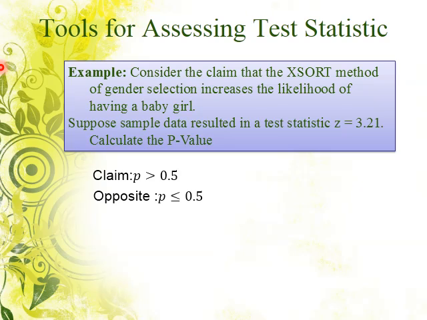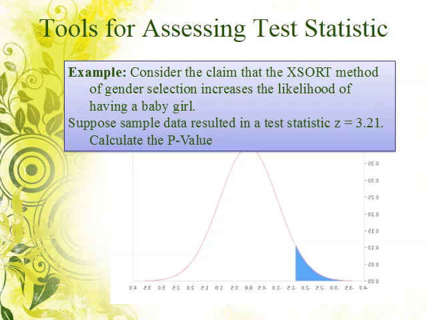Our null hypothesis is going to come from p is less than or equal to 0.5, because that is the one that has the equals in it. So our alternative hypothesis will come from the other statement, in this case the claim p is greater than 0.5. So now that we know what the alternative hypothesis is, we know this is a right-tailed test.